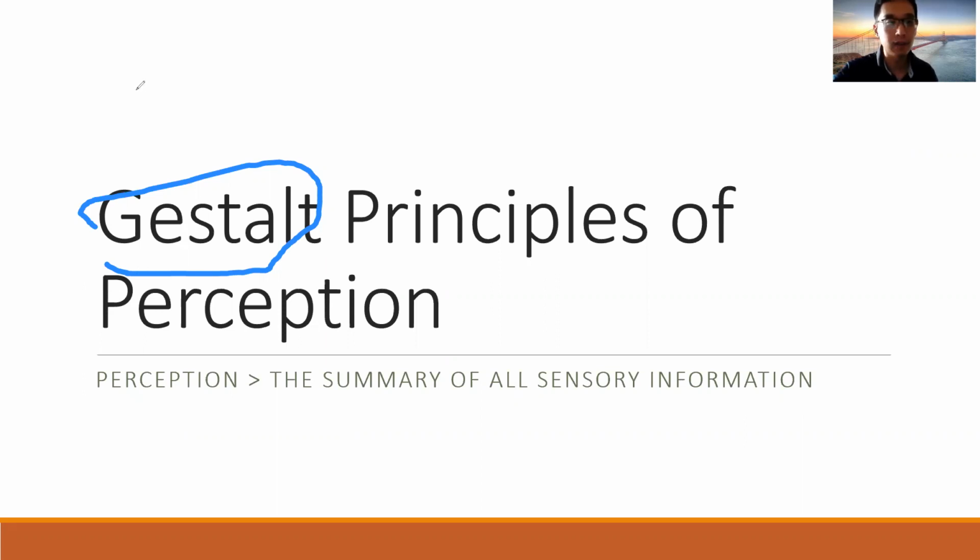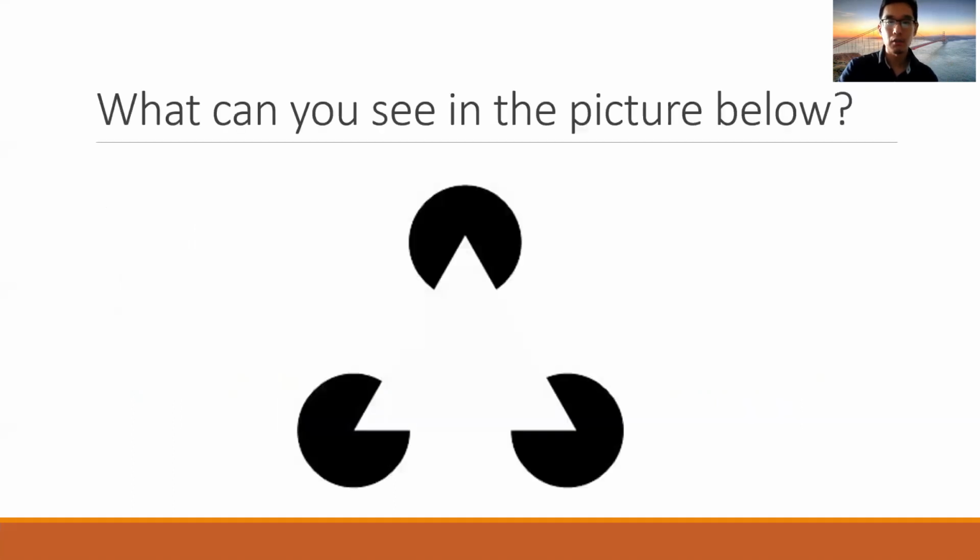So that's why they call it Gestalt. This branch of psychology is called Gestalt psychology. So let's see some pictures to have a direct experience of Gestalt psychology. In this picture, what can you see?